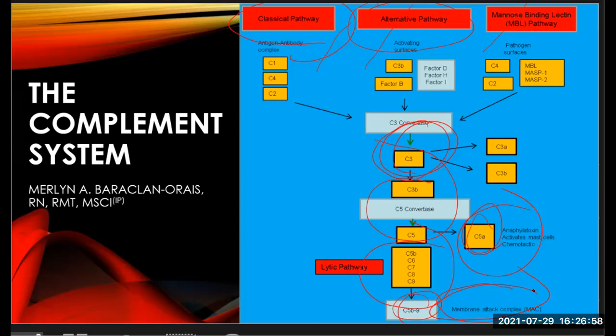The MAC is responsible for creating pores or channels, which either induces sublytic activation of the cell or results in target cell lysis. Primarily as an important branch of the first line of defense, the complement protects the host from invading pathogens and abnormal self-derived components.